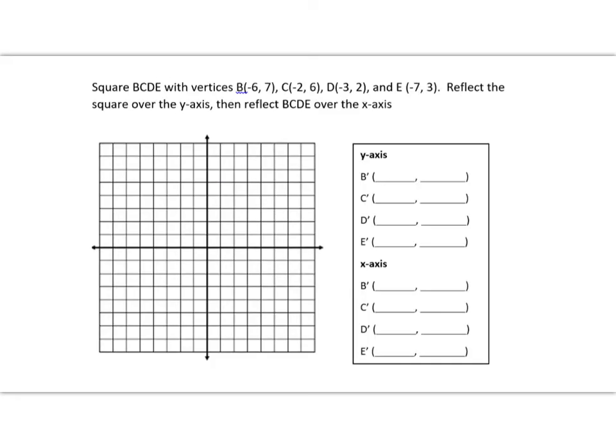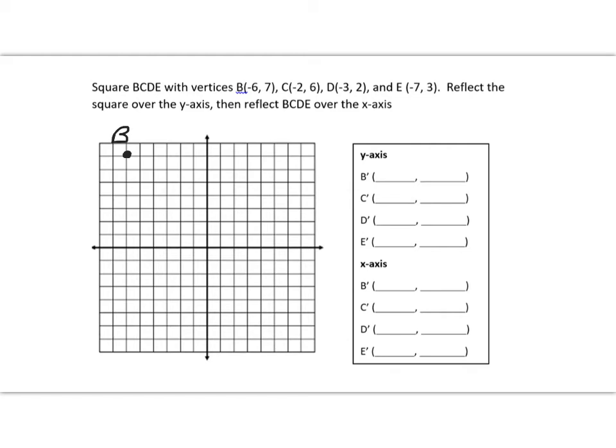Okay, now we've got a square with the vertices -6, and so on. Reflect the square over the y-axis, then reflect the original over the x-axis. So we're not taking it each time, we're just doing our original one and first reflecting over the y-axis. So let's get the original figure first. So I've got -6, 7.